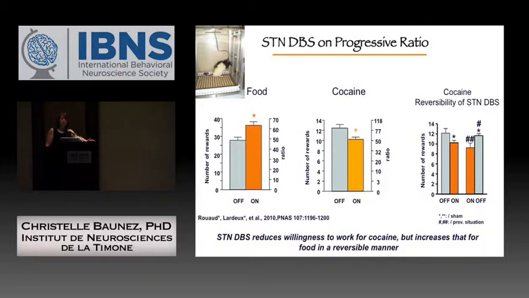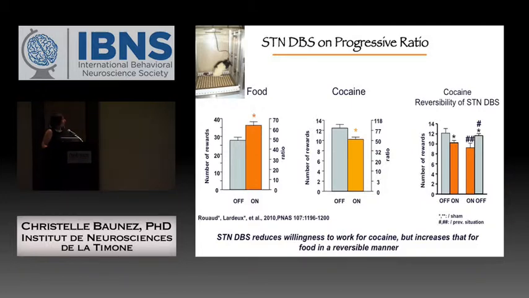So we tested the reversibility of the effect by switching on those animals that were in the off group previously. Now they have a longer experience of cocaine self-administration in this task, and we switch them on, and although they've had more cocaine infusions, there is still a decreased effect by the high-frequency stimulation of STN in these rats.